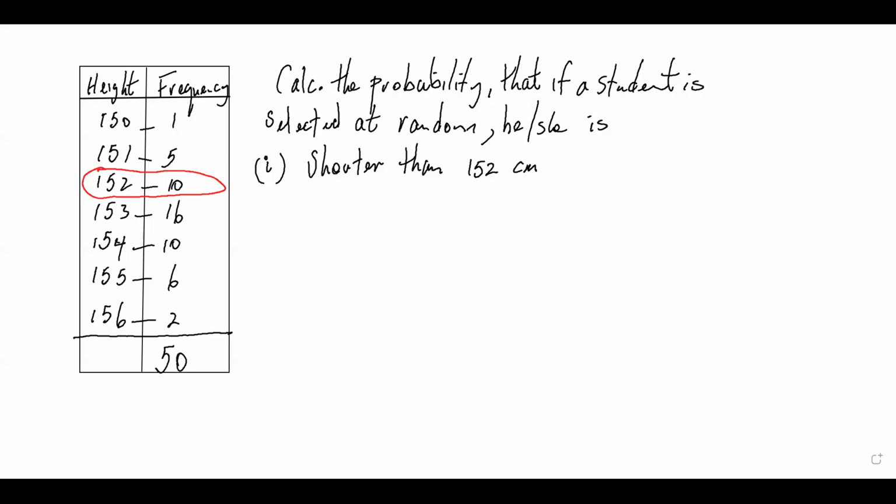More coming. Matthias, no, Matthias, boy. Probability is always as a fraction. Probability is always over the total amount, which is 50. So the question was, the probability that the person chosen at random is shorter than 152.